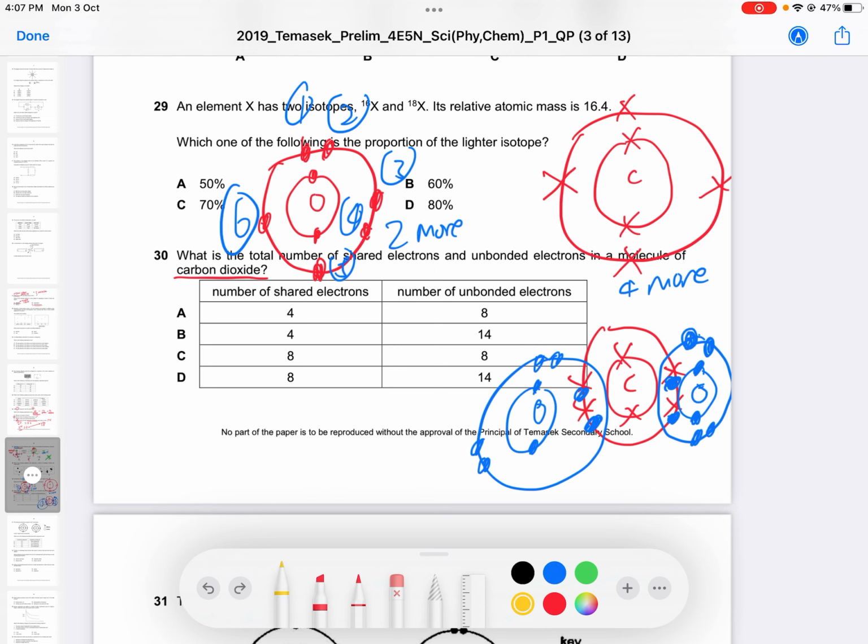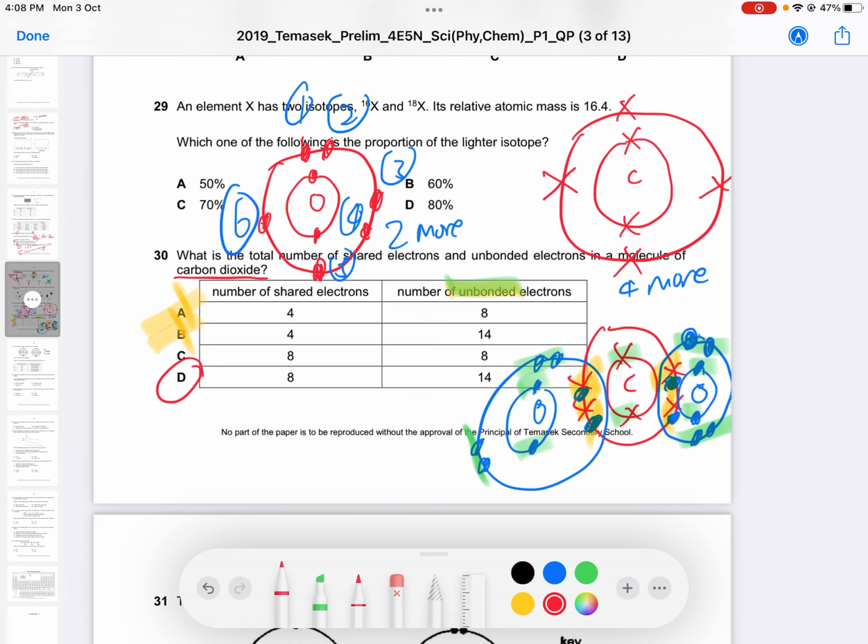You look here, it is 8. So A and B are out. Then I look at unbonded electrons: 1, 2, 3, 4, 5, 6, 7, 8, 9, 10, 11, 12, 13, 14. So that's why the answer is D. For this question, only 11 got it correct.